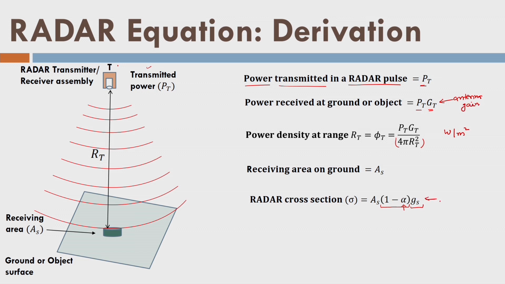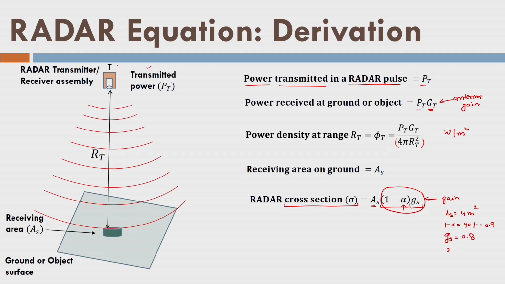Similarly, we can say there is another gain term, which is because of the material here, and it depends on the material. So radar cross section is specifying that if AS is 4 meter square, let us say rho is 10%, so 1 minus alpha is 90% or 0.9, and GS is again, let us say, 80% or 0.8.